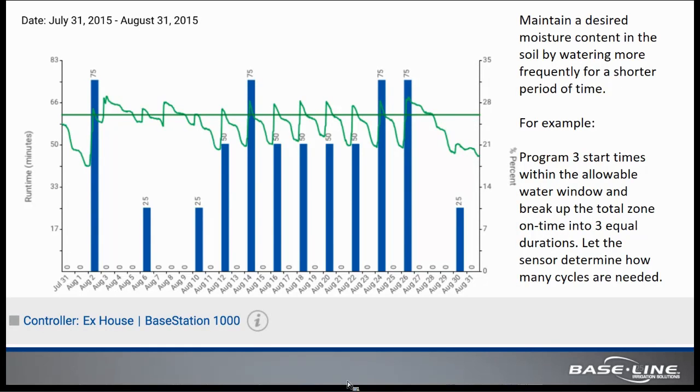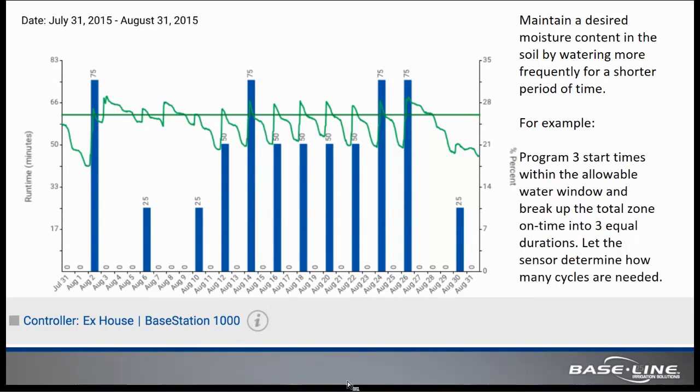And 3 separate start times were set up in the controller for the given water days, and then the sensor determined how many of those cycles were actually needed in order to get the moisture content back up to the desired moisture level in that soil profile.